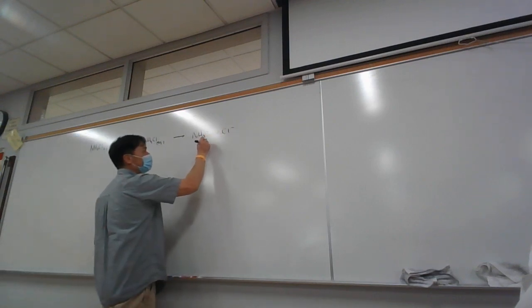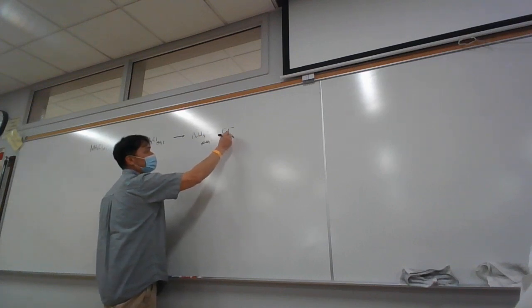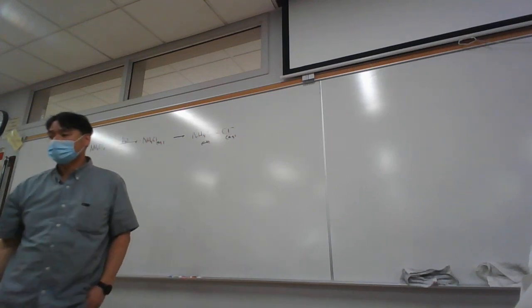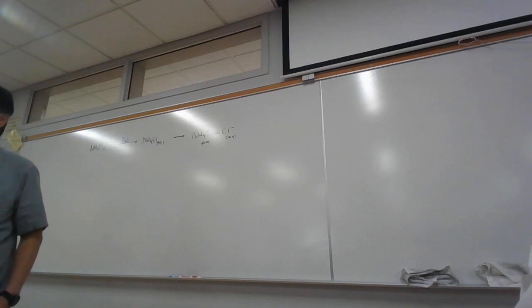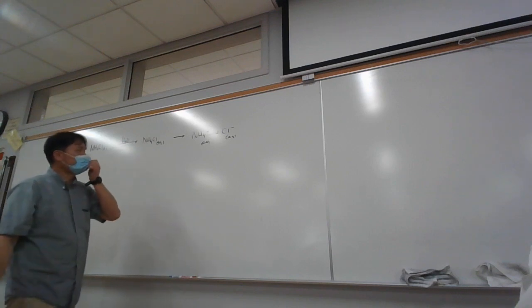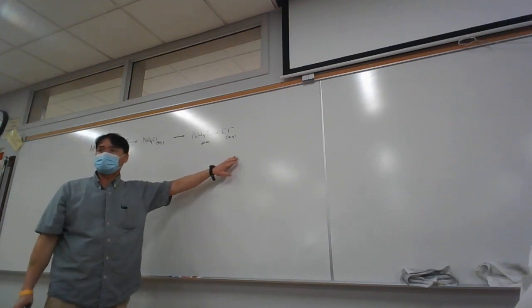So strong electrolytes ionize or dissociate 100%. That's what we know. So ammonium chloride is a white solid. You can take this white solid and dissolve it in water to form an ammonium chloride solution. The solution consists of ammonium ions and chloride ions.